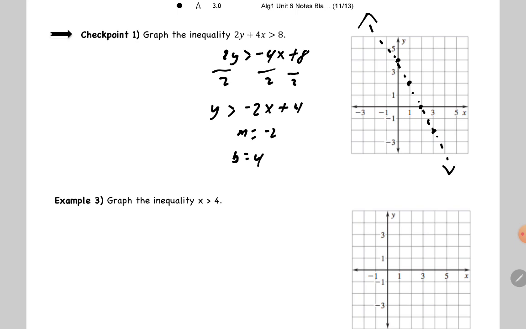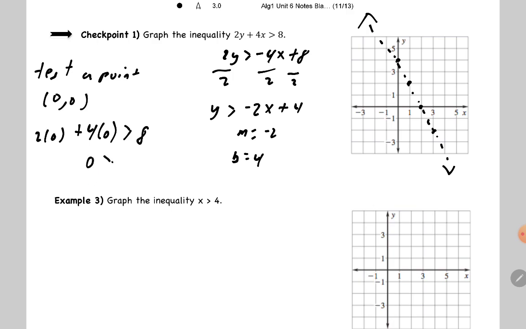Now we're going to test a point. So where do you think you should shade? I just always like to use 0, 0. So 2 times 0 plus 4 times 0, is that bigger than 8?